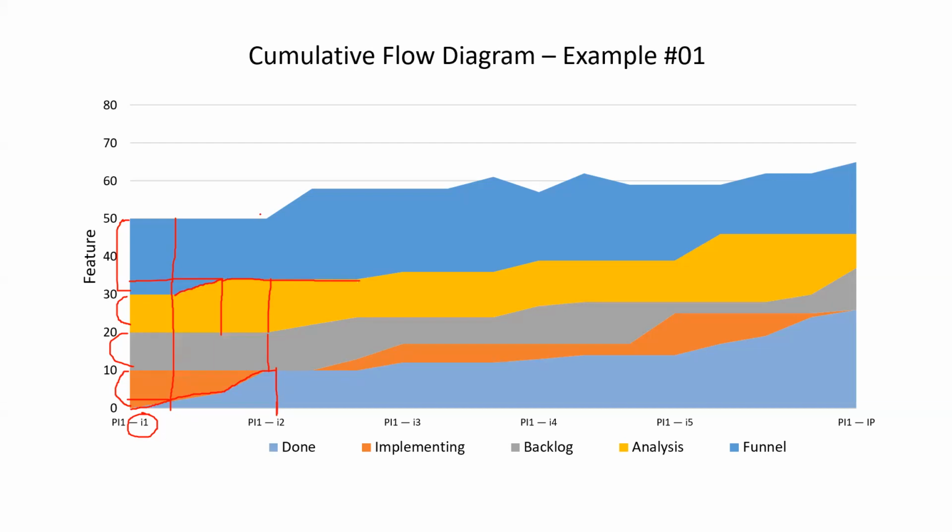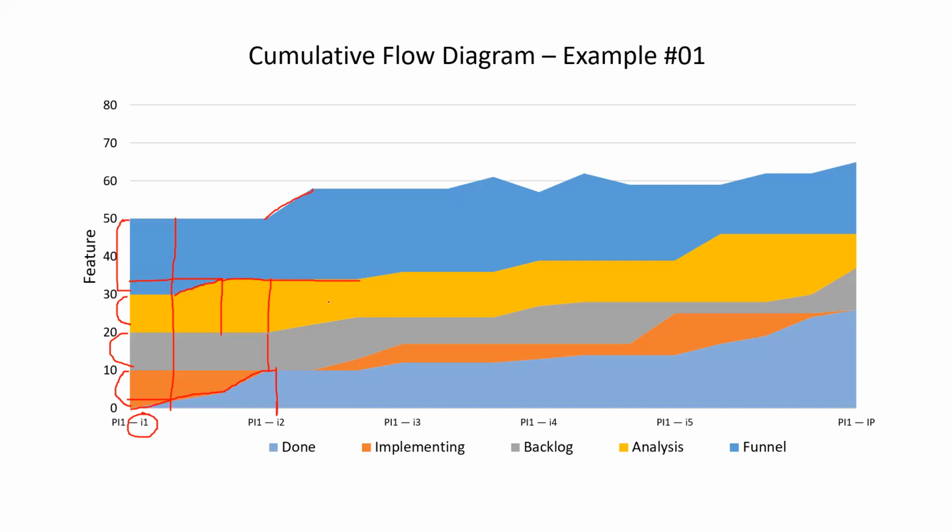In the meantime, what happened to the funnel? It started increasing, which means new stories, new features, new request tickets started adding into the initial stage. But at the same time, we need to take a close look at how the other stages are progressing.